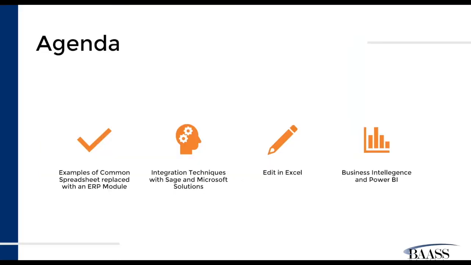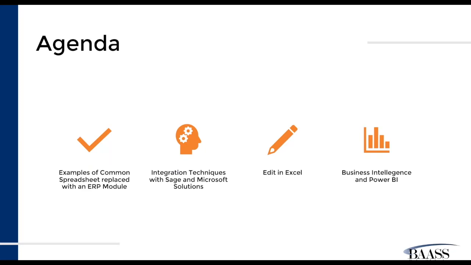Our agenda for today is we are going to look at examples of common spreadsheets that we have seen throughout working with multiple customers, whether they have already implemented Sage or they've implemented another ERP, but they still have spreadsheets that are living outside of the solution. So we're going to look at some common ones that we've seen there.